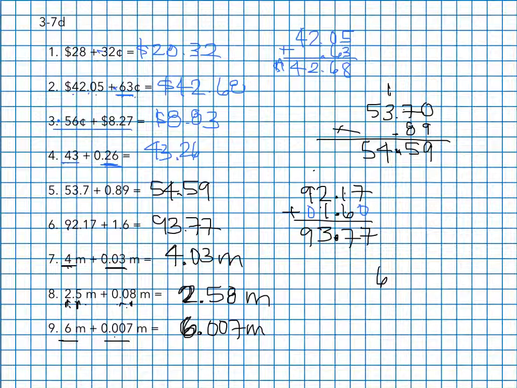Now, when we line up the decimal point, it's going to be after the 6, because this is in the 1 spot. Plus 0.007. Add my addition. I didn't really cross my 7 there. Now I can just add across. If I want, I can fill those with zeros. 7, 0, 0, 6.007. Okay? Do you see? That's how we got that answer.